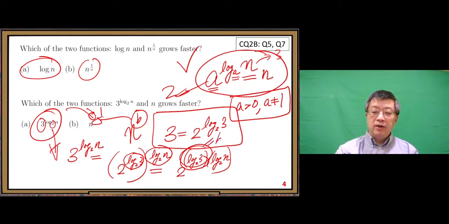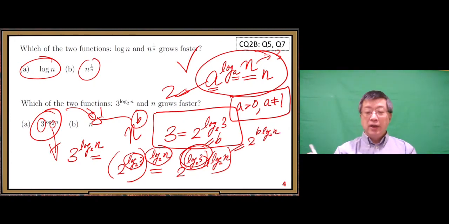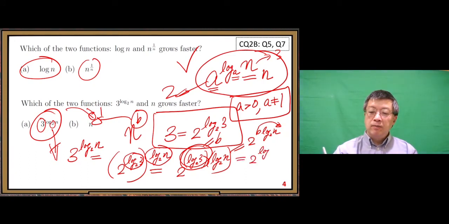So we make this 2 to the b times log n. Then, using the log property, we can write that as n to the bth power, with the same base.